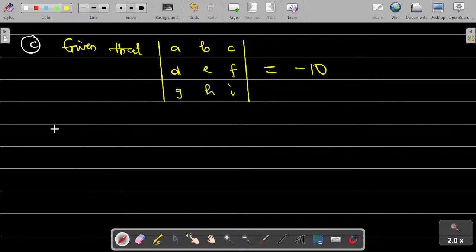So let me write it. We are asked to find the determinant of this. Let me draw this, then write it.